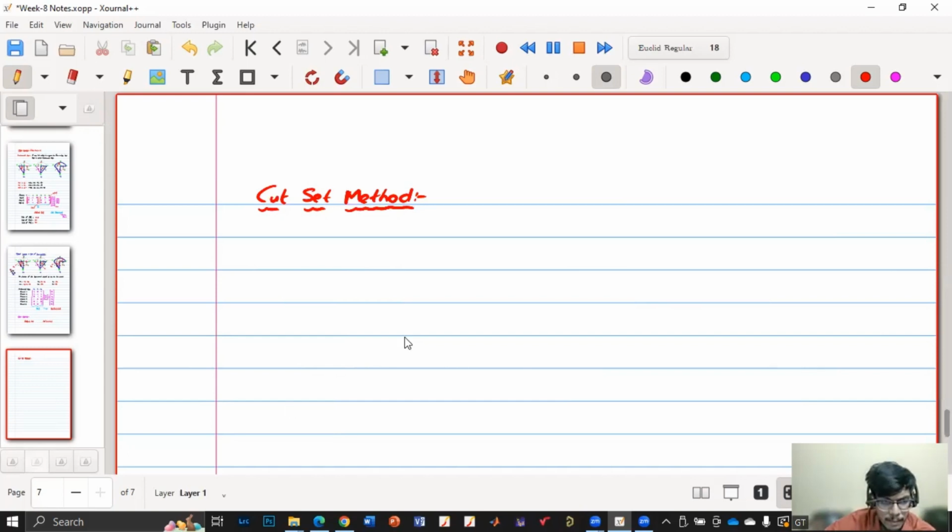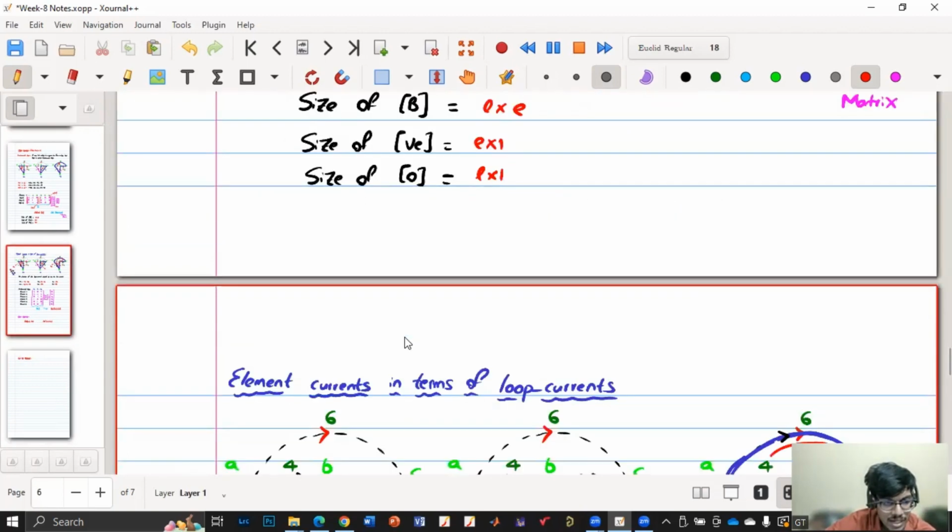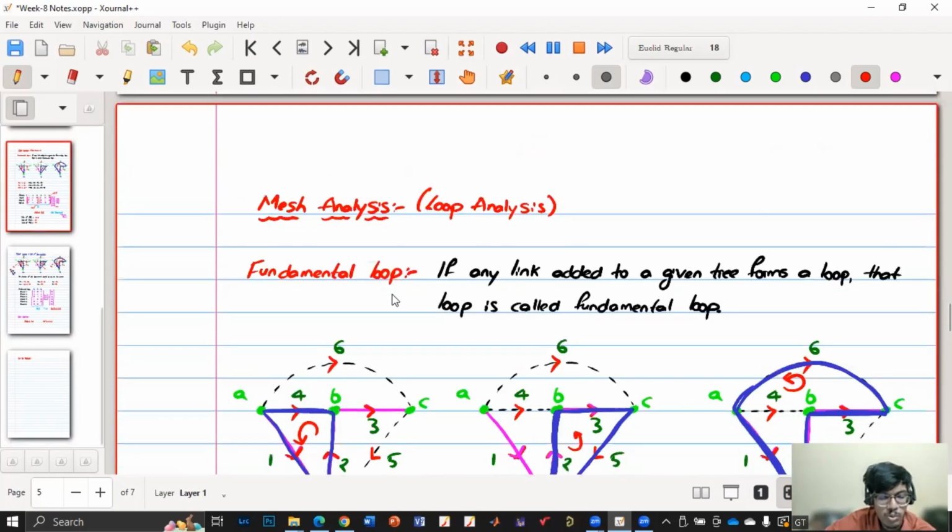In mesh analysis, we learned what a loop is. A loop is just a connection between nodes so that when we start at the first node, we return to the same node and no other node is met twice. A fundamental loop is formed when a link is added to a given tree and that forms a loop.